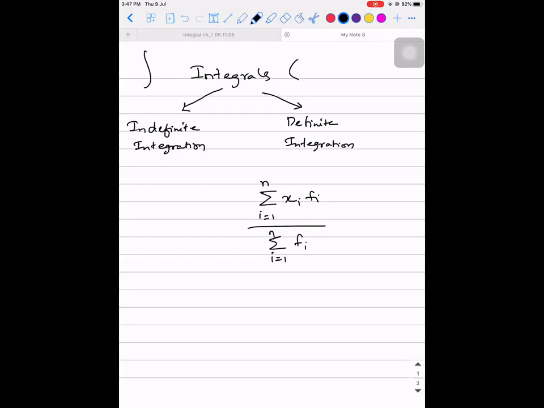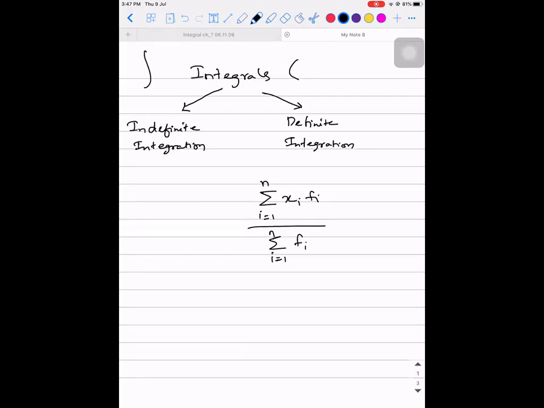Sir, maybe this is for integers, like n and i can have values as integers, but for integrals, we can do it for very small values. Can you be more specific? It need not be integers alone.